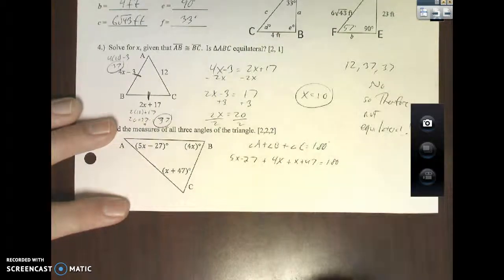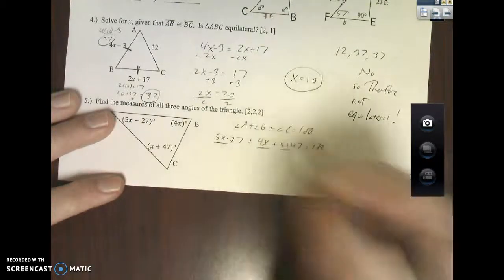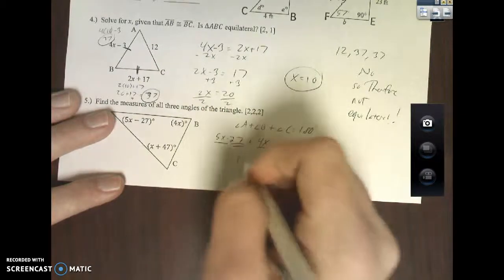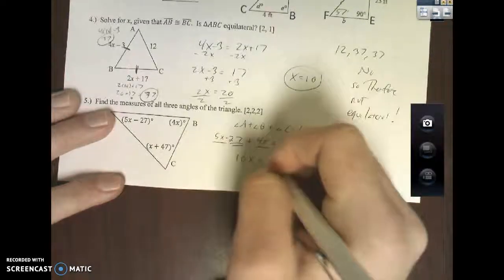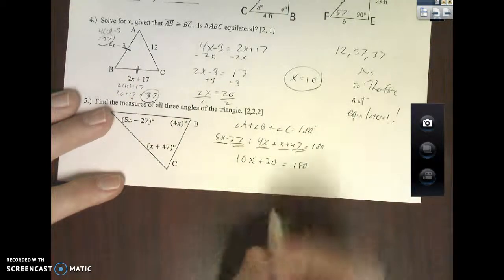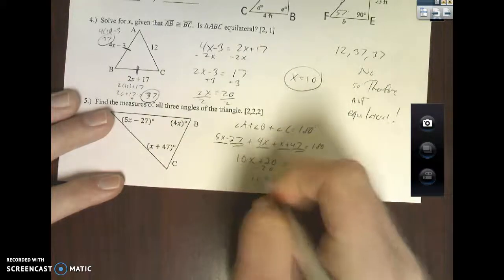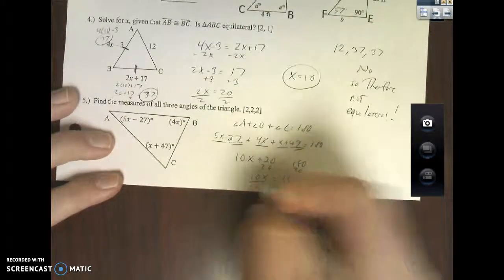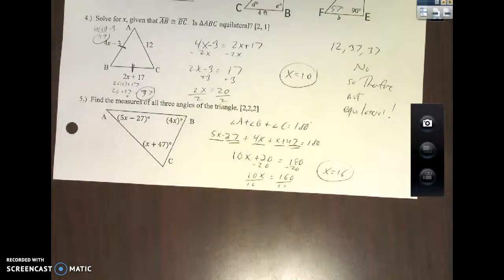Set that equal to 180. Okay? And then now combining like terms. 5x plus 4x plus x is 10x. Negative 27 plus 47 is plus 20. Okay, very good. Subtract 20 from both sides. We got 10x equals 160. And then I can divide both sides by 10, and I get x equals 16. Okay, great. So that's the hard part.